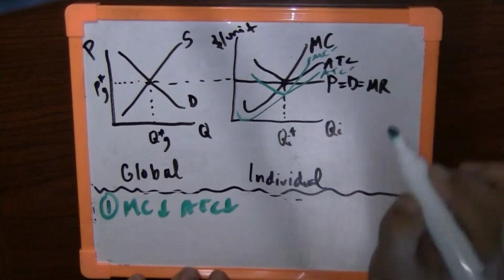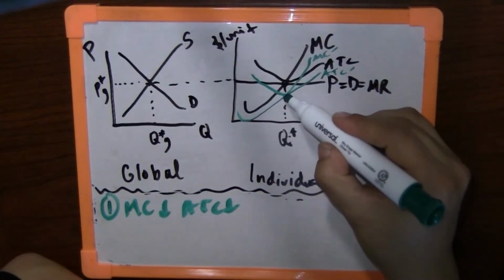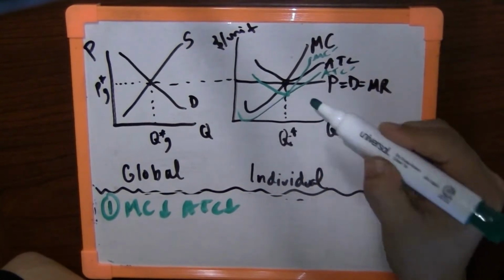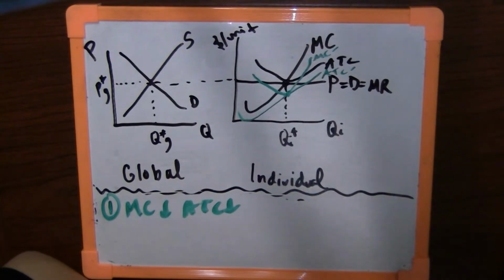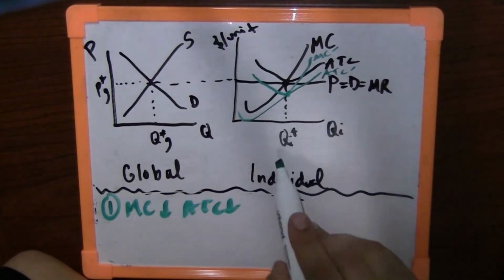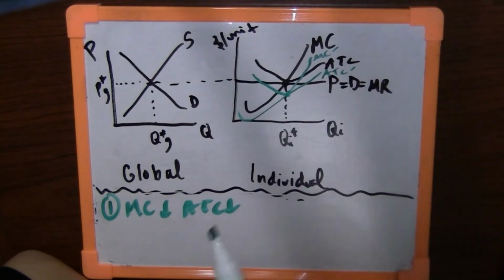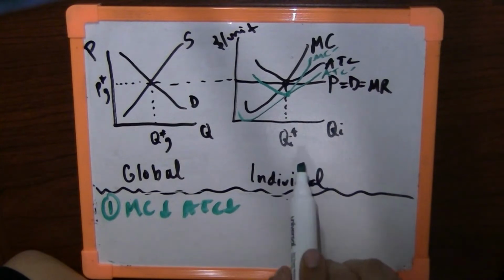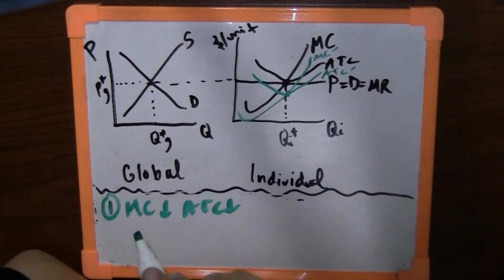You could just draw another parallel shift, remembering that they have to hit each other at average total cost minimum. So that's the only thing that matters. It doesn't have anything to do with this black quantity, even though it kind of seems like it does. This is irrelevant now. Because after Gusty's costs are lower, he's going to want to fish more.